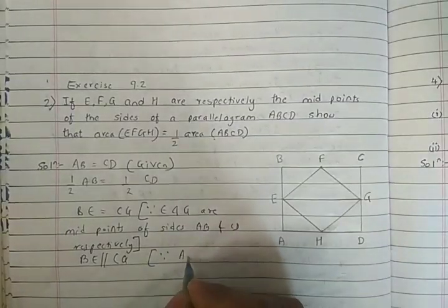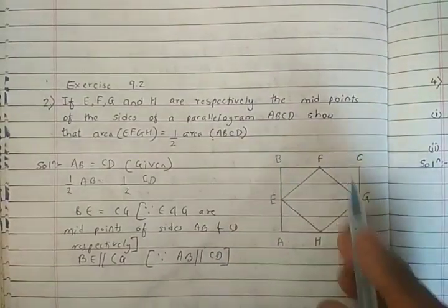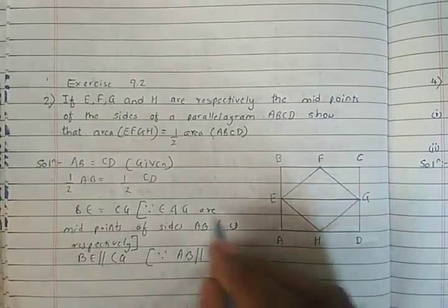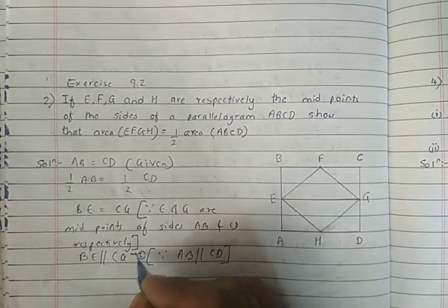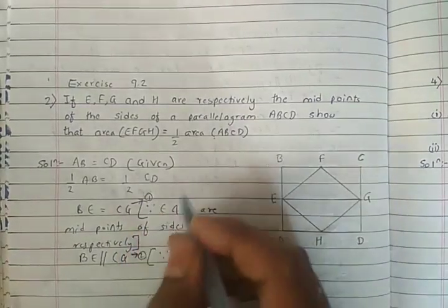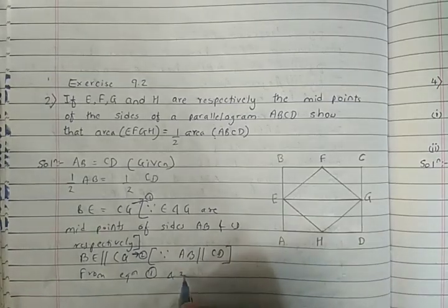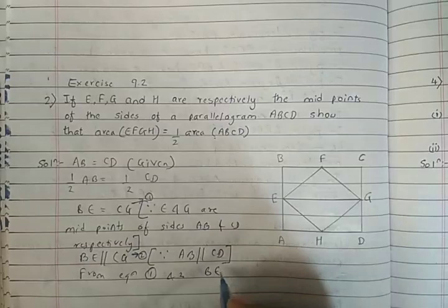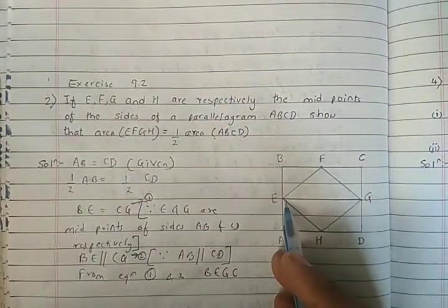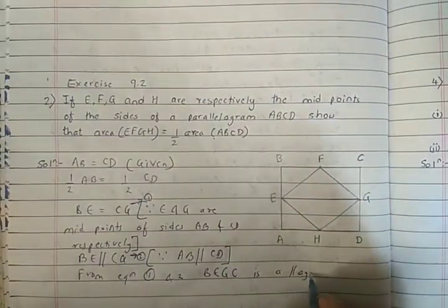Why can we say that? Because AB is parallel to CD, so their parts will also be parallel to each other. Now let us name this as equation 2 and this as equation 1. So from equation 1 and 2, we get BEGC is a parallelogram.